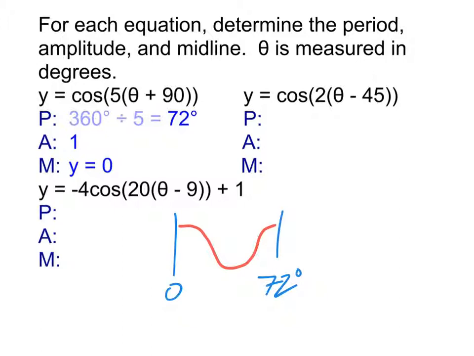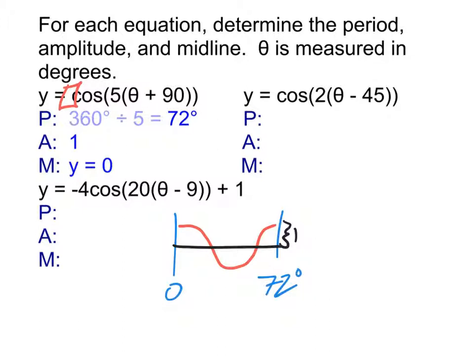All right, amplitude. Amplitude, remember, is determined by whatever is multiplied out front of cosine. If I'm not writing anything multiplied out front, then it's just got to be a 1. It's unchanged, telling us that if I take a look at the graph here, this distance here is 1, because that's what amplitude means, that distance from the midline to the top or the bottom.